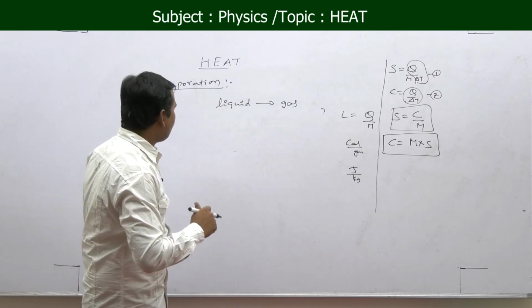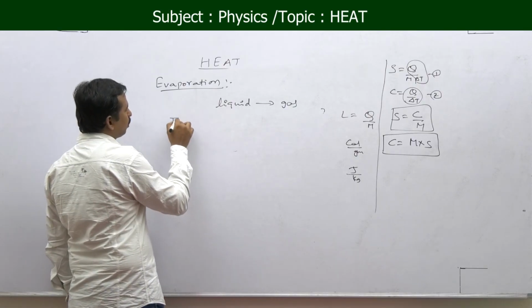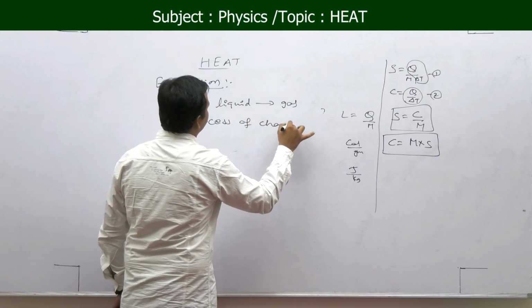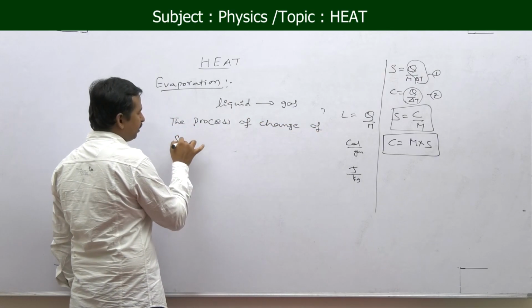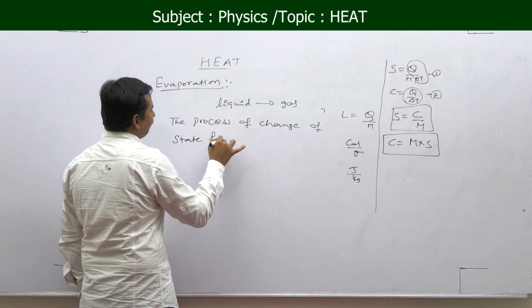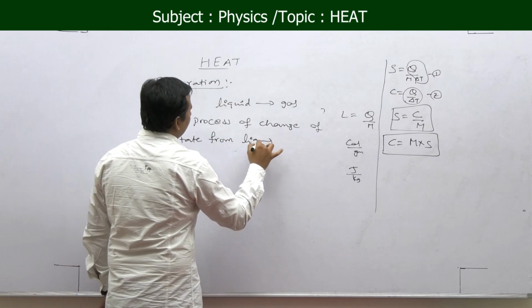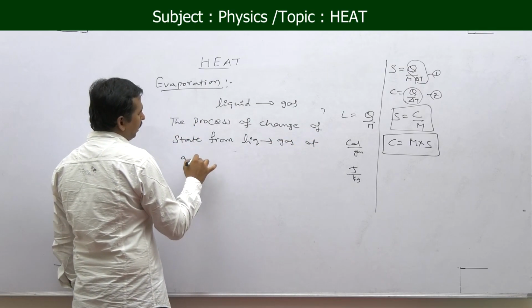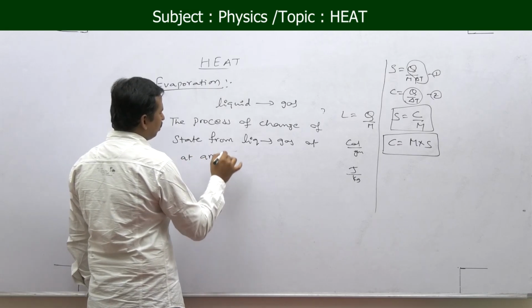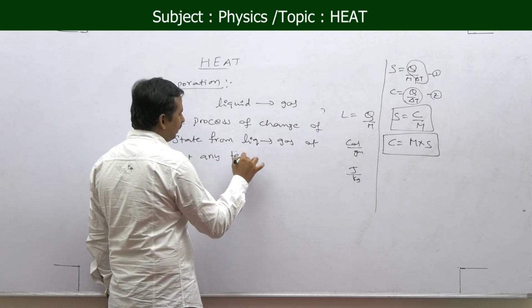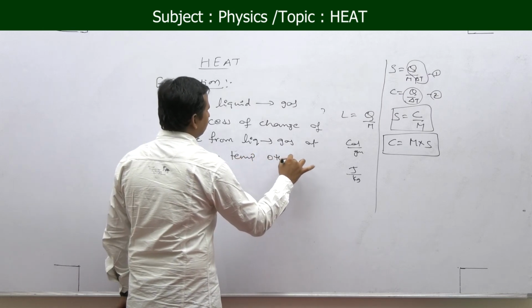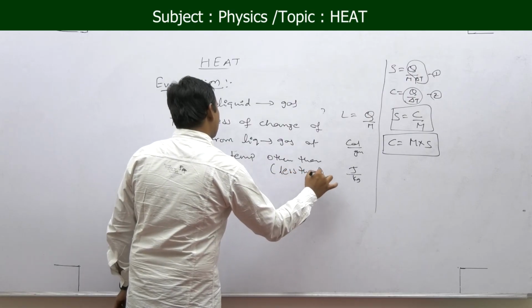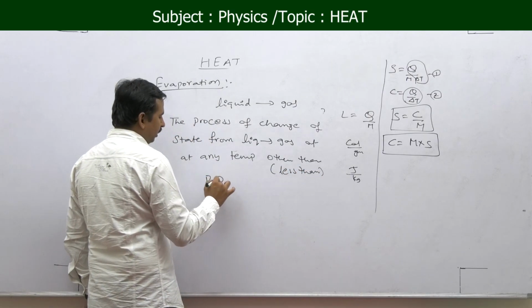So that is why, for evaporation, what we will write is: the process of change of state from liquid to gas at any temperature, you need not keep the temperature constant, at any temperature other than the boiling point, which should be strictly less than the boiling point.